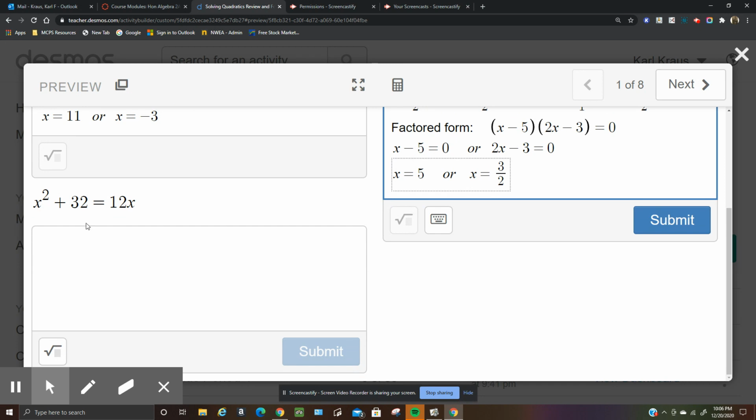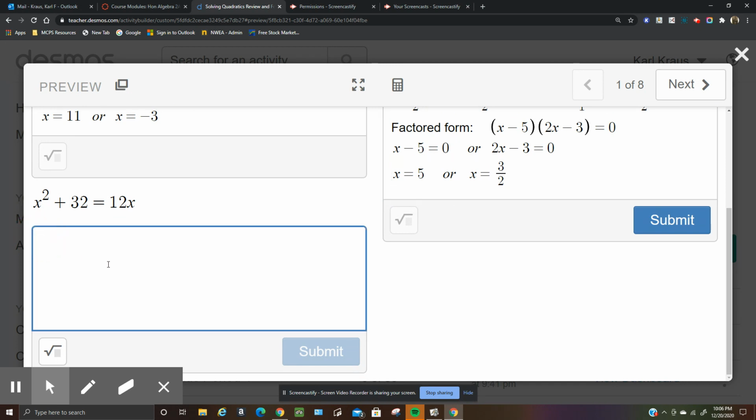The third one, get all the terms on one side, so I'm going to subtract 12x. The factors of 32 that sum to negative 12 are negative 8 and negative 4. Since this is a 1, we're just going to go right to the factored form.